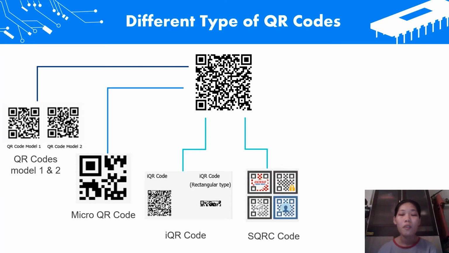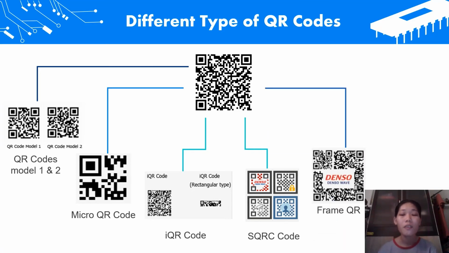Fourth, SQRC code. This looks like a regular QR code except it is restricted and is used to store confidential information. Next, frame QR. This type of code has a frame area where you can place letters and images and is used for promotional activities.